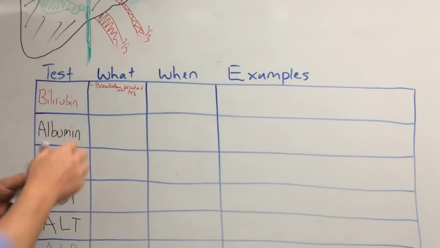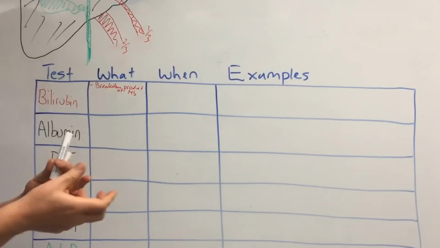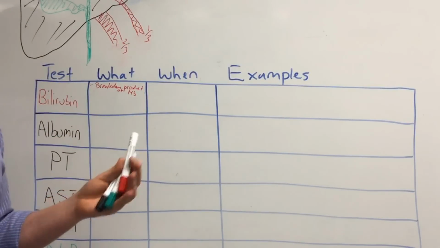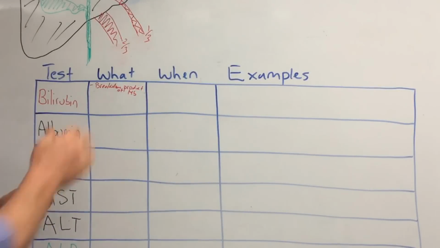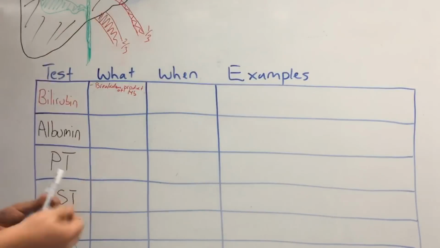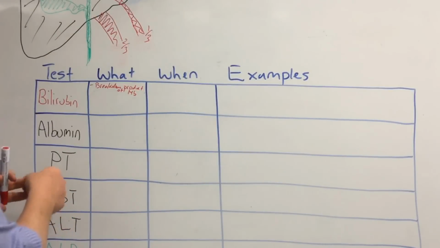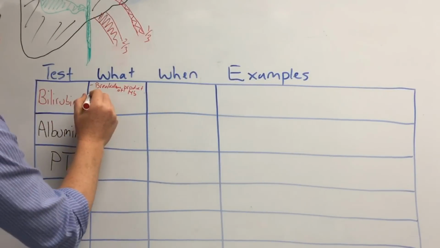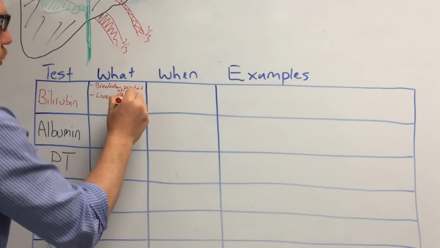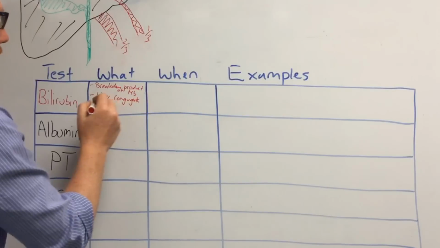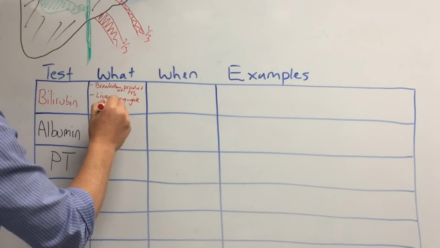So hemoglobin is broken down, it's recycled in different manners, so the iron's taken someplace, protein's taken in a different place, and bilirubin has to go to the liver to make it water soluble. Therefore the liver will conjugate it, and the liver excretes.